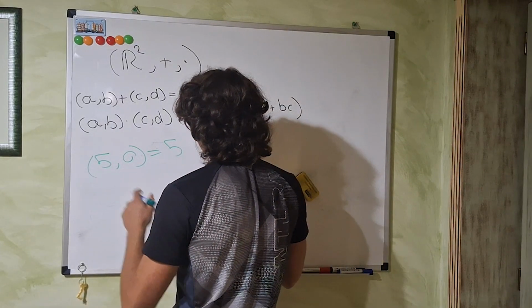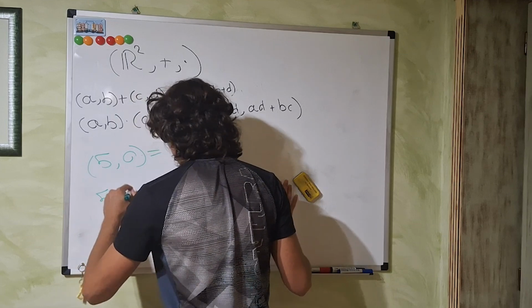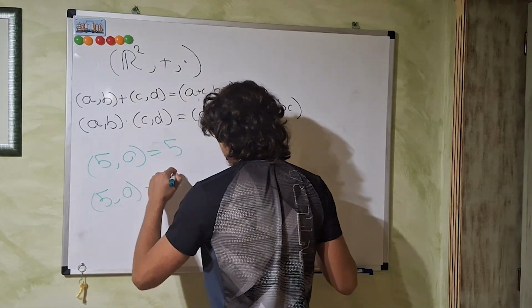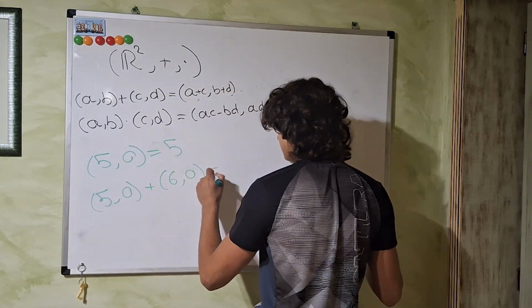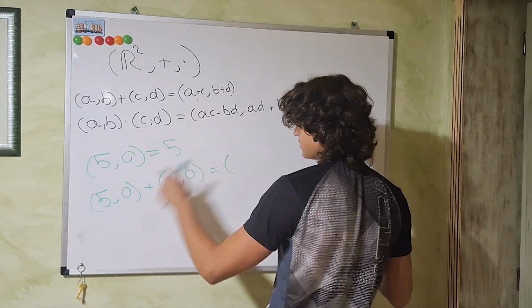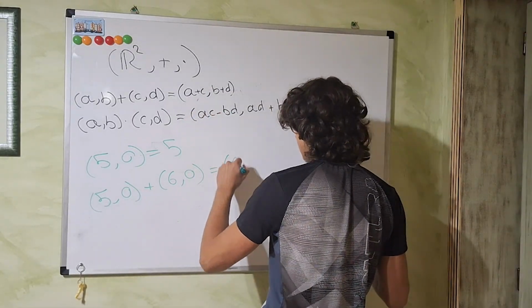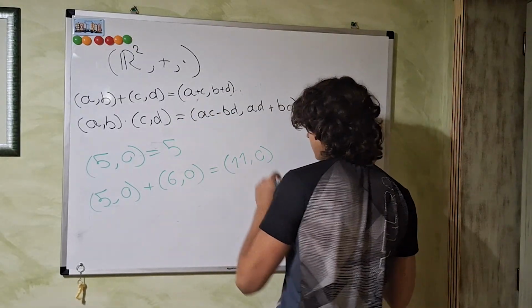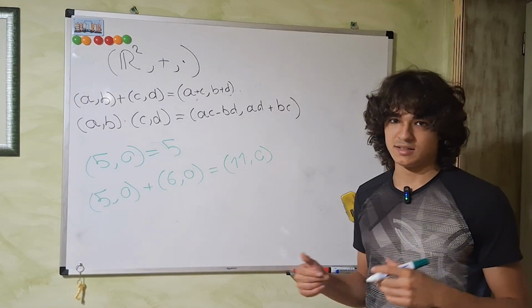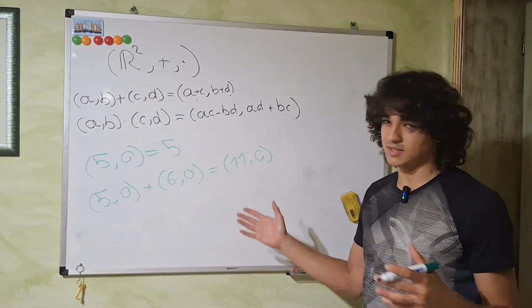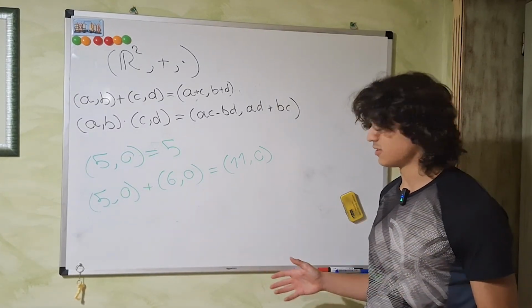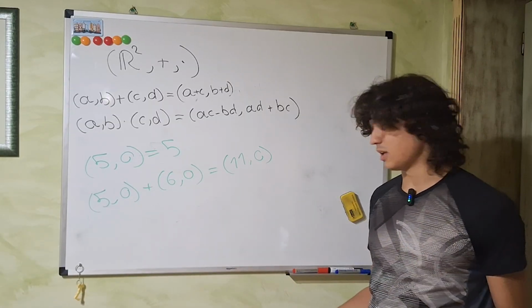So, for instance, if we take (5, 0) and add to it (6, 0), we can follow this rule: A plus C, 5 plus 6 is 11, 0 plus 0 is 0, so this is (11, 0), and it resembles the addition among real numbers.